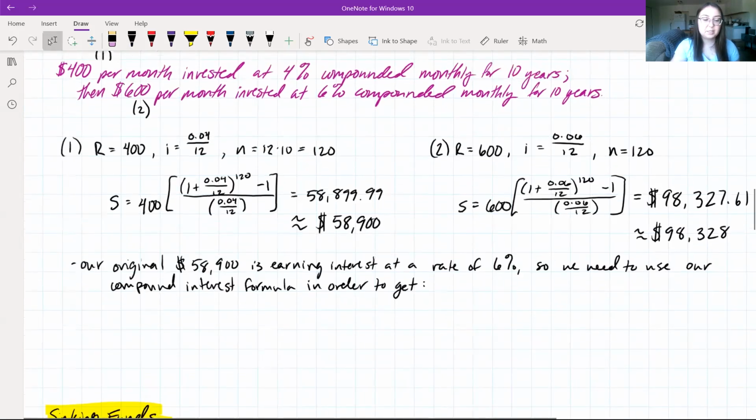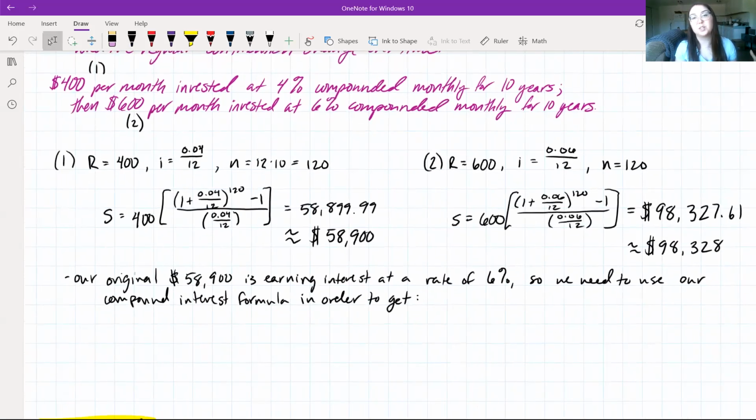So this basically just means that since our first chunk of time we ended with this certain value, we know that for the next 10 years it's still going to be compounding monthly, but now we're compounding at 6%. So we need to use our compound interest formula in this case to get our first chunk of money essentially up to speed with the end value of our next 10 years, since we're still making that 6% interest on it.